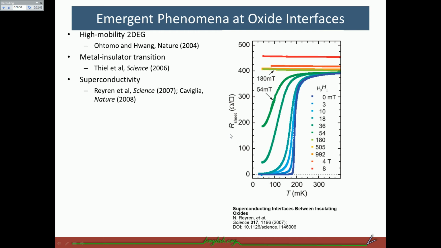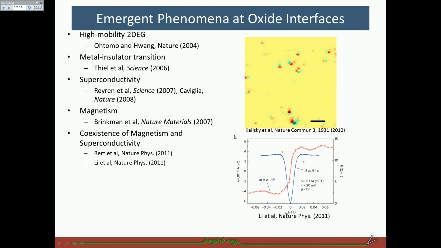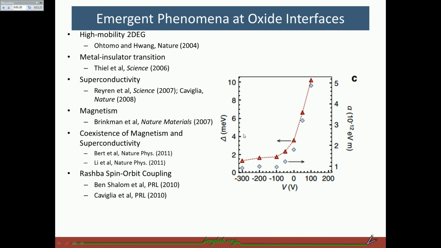Also, the interface is superconducting with a typical critical temperature of about 200 millikelvin, and the interface is magnetic, although both LAO and STO are non-magnetic. Both the magnetism and the superconductivity can coexist, and the interface has a really strong Rashba spin-orbit interaction as a function of the carrier density across the interface.